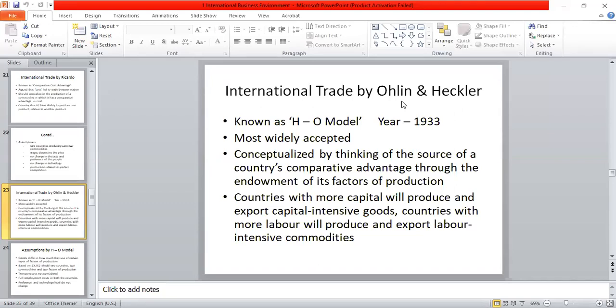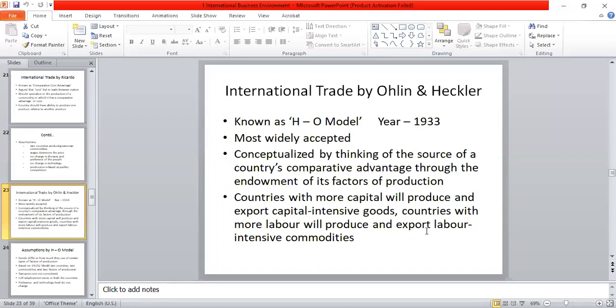So France produces arms related goods and these are supplied to countries like India and other countries of the world. France is the example of capital intensive goods.